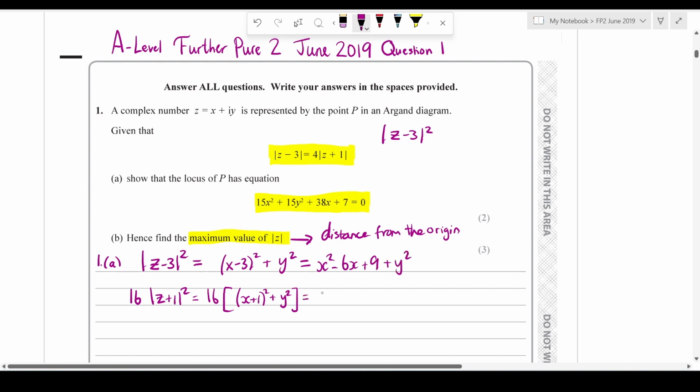And for this one, let's take our time a little bit. So I've got 16, and then I do this with binomial, x squared plus 2x plus 1 plus 16y squared. So that's going to give me 16x squared plus 32x plus 16 plus the 16y squared.